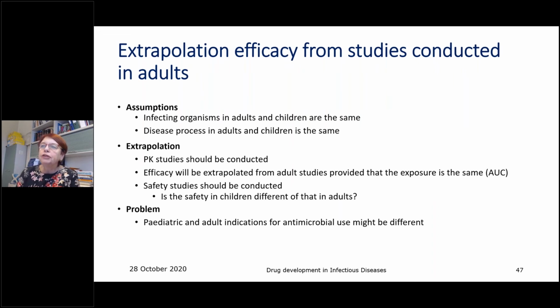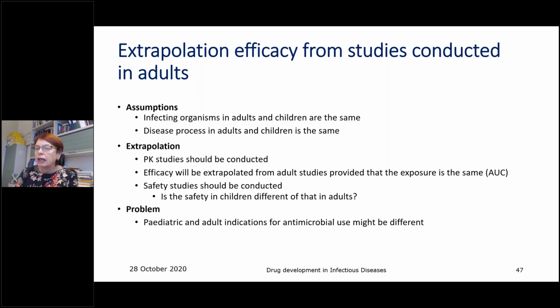If we want to extrapolate efficacy from adult studies, then we assume that the infecting organisms in adults and children are the same, and very often microorganisms don't know whose organism they are causing infection. We also assume that the disease process in adults and children is the same.